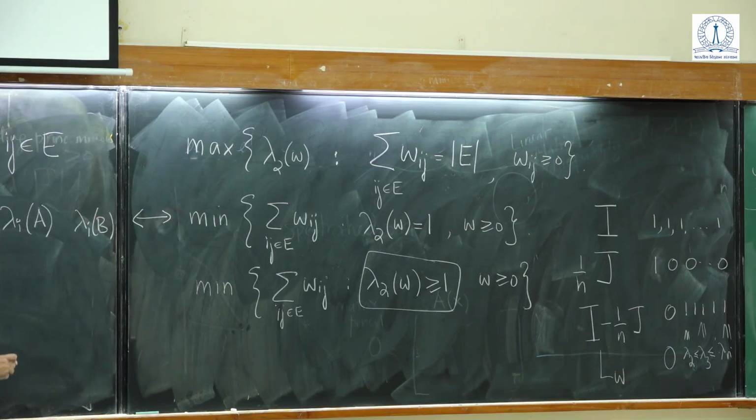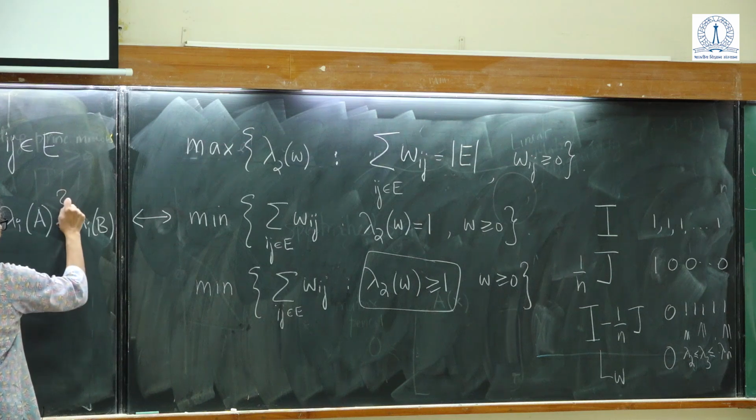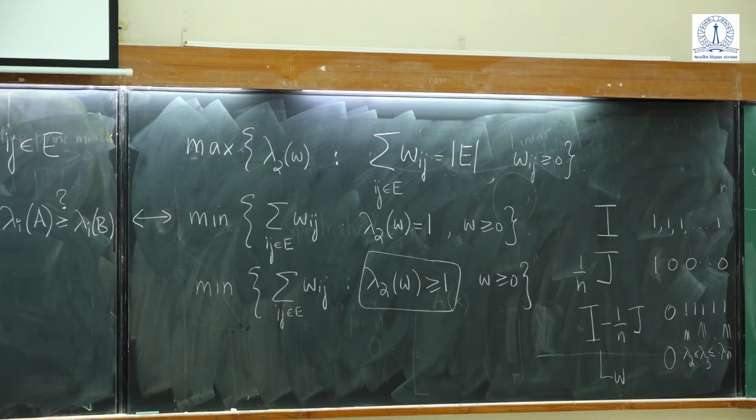Let's check. Is it true that, one by one, the eigenvalues are greater than the other one? Let's argue this is true. What's the proof? This is a question.